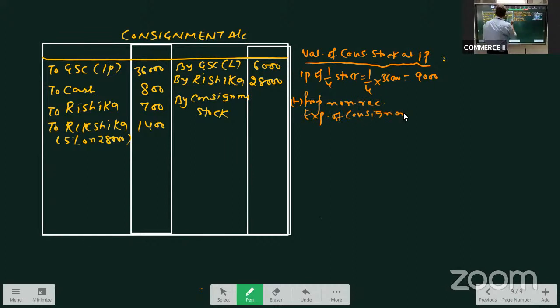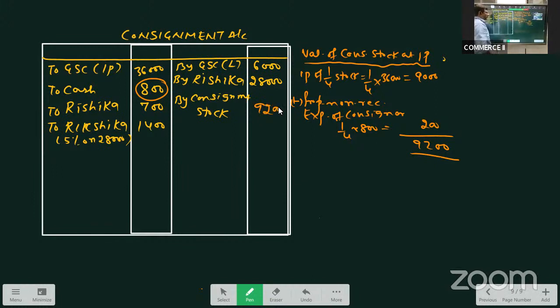Consignor expenses are 800, transport and insurance, they are non-recurring. So 1/4 of 800 is 200. Expenses of consignee I will not take here because those expenses are given as sales expenses and sales expenses are recurring in nature. So I'll take 9,200 as my consignment stock at invoice price.